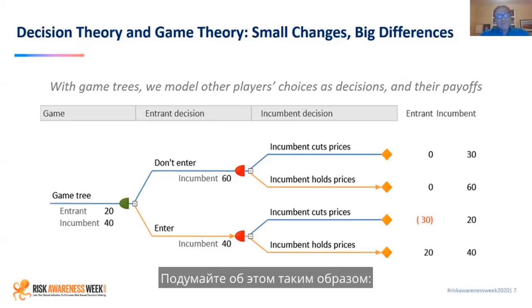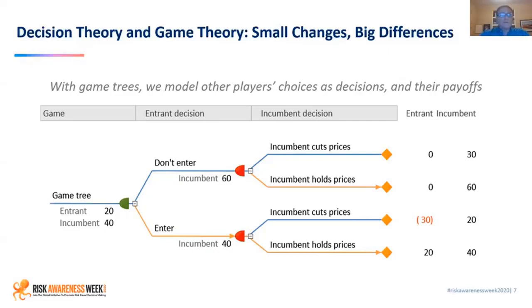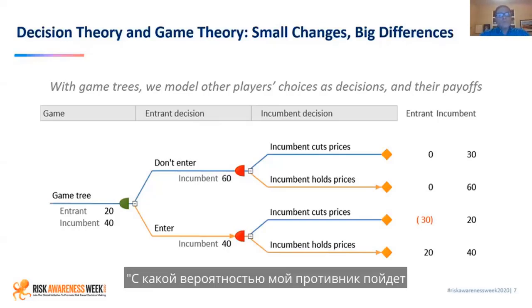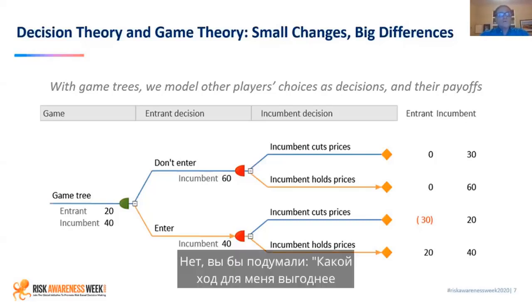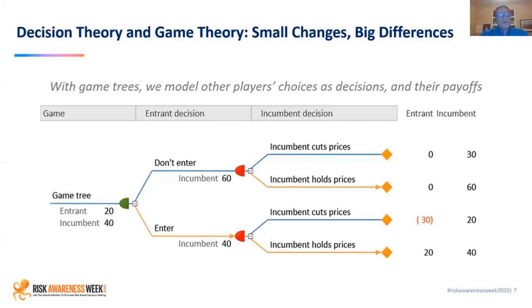Think about it this way. If you were playing a game of chess, you would not ask yourself, what probability would my opponent move his rook or his knight? No, you're going to think through, what's my best move given what my opponent would do in response. And you're trying to think that through 2 or 3 moves into the future.